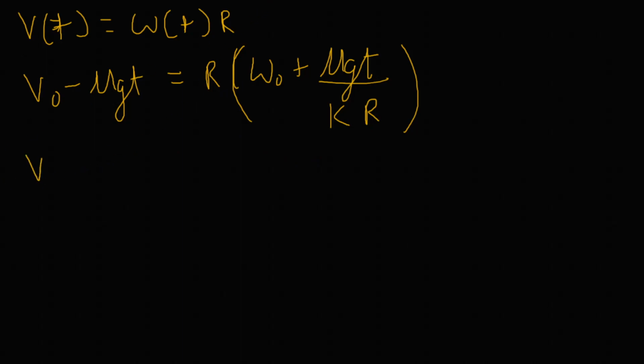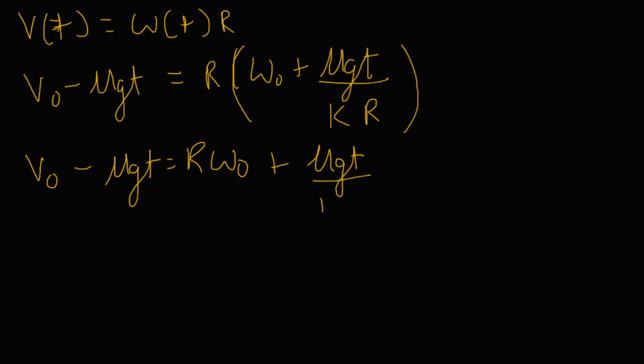Let's just expand this. V naught minus mu gt is equal to r omega naught plus mu gt by k. The r in the denominator and numerator get cancelled. Now let us bring this to this side of the equation and r omega naught that way.